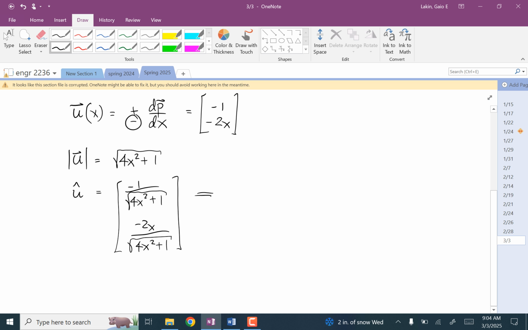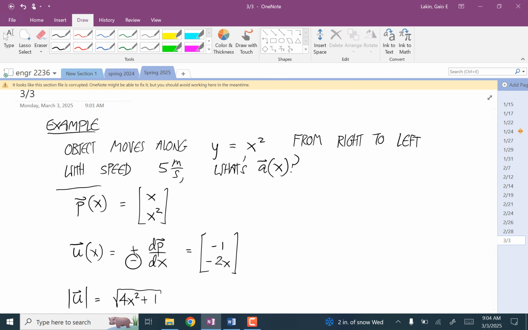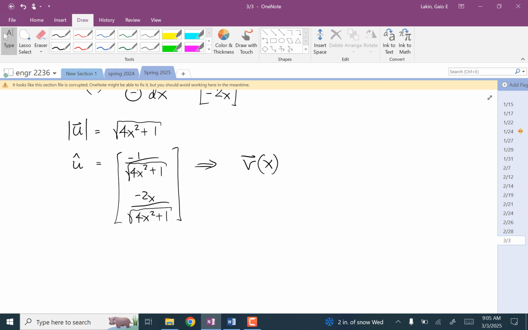And so then the velocity vector as a function of x is this times the speed, which in this case is constant, so negative 5 over square root of 4x squared plus 1, negative 10x over square root of 4x squared plus 1.